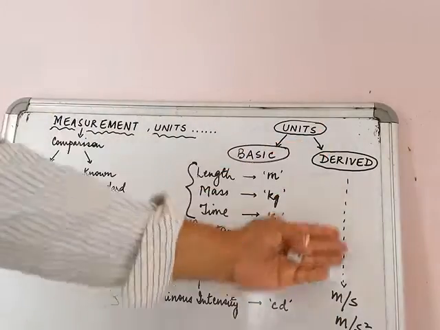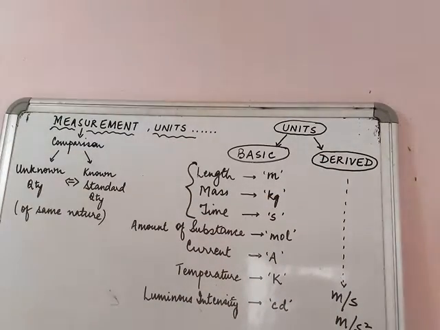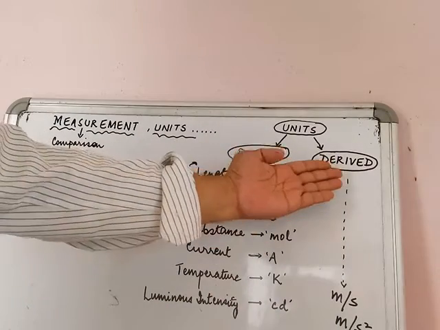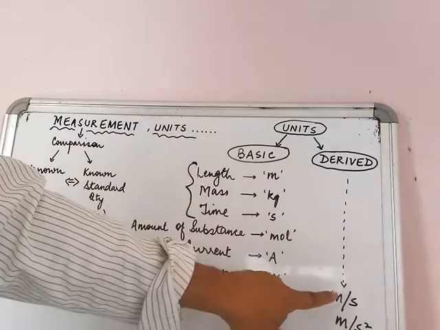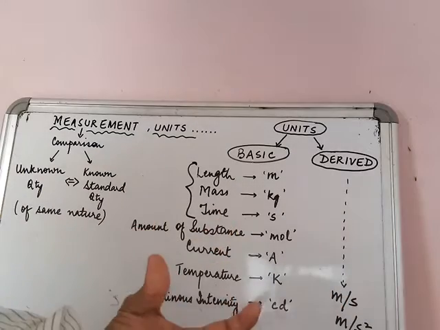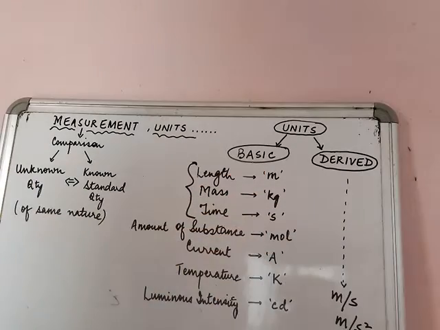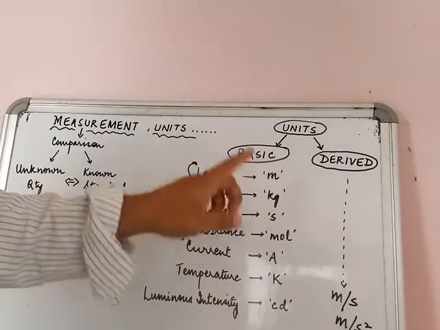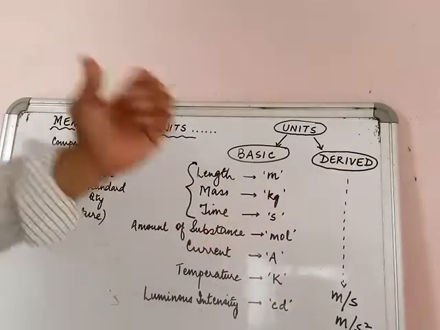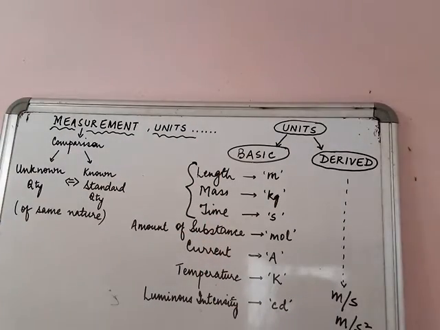So this list basically is endless. Okay, and as you can see, as the word also suggests, meter per second is a derived unit. Why? Because it has been taken from meter as well as from second, both of which are fundamental units. Okay, so as far as the basic and the derived units are concerned, this was a detailed idea.